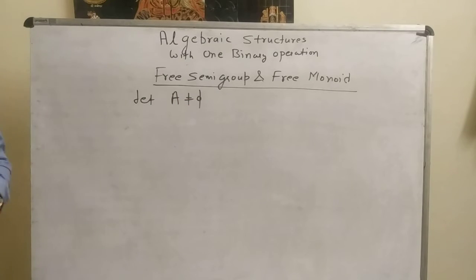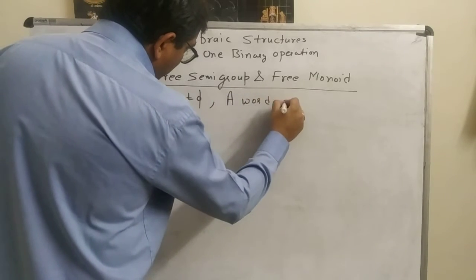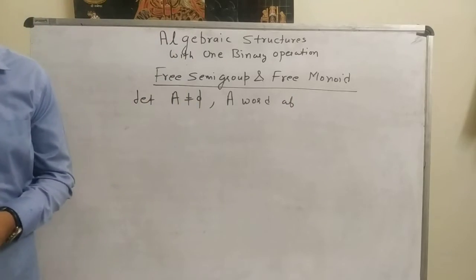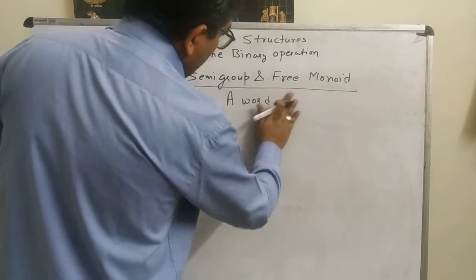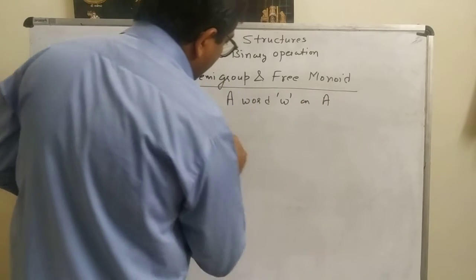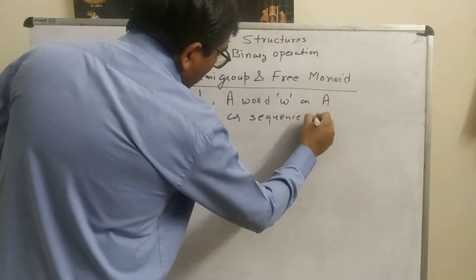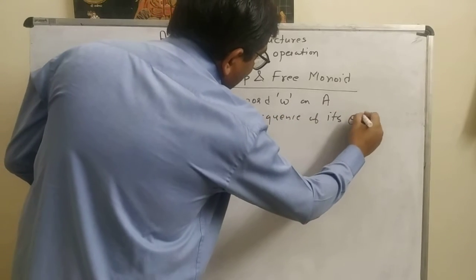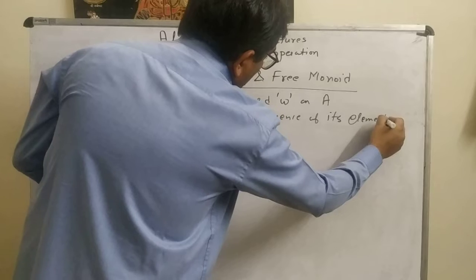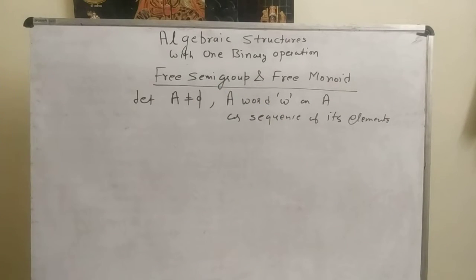We define a word W on A as a sequence of its elements. So we define a word that is basically a sequence of its elements.